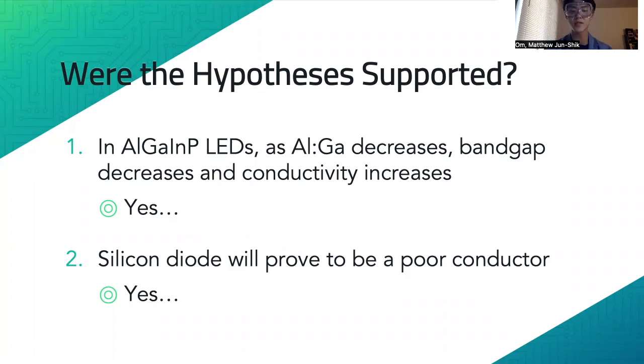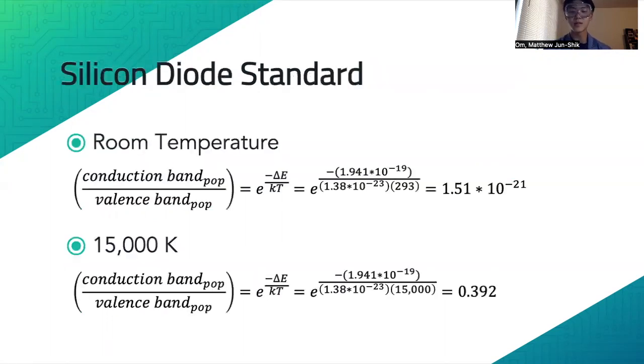For the prediction of the silicon diode, this was confirmed through the calculation of the population ratio between the conduction band and the valence band, which was shown to be incredibly low and well below the 1/3 threshold. To make this diode into a good conductor, there are two alterations that can be made. We could either add P and N dopants to create an active band gap, or we could increase the temperature by a significant amount, as shown in the formula.